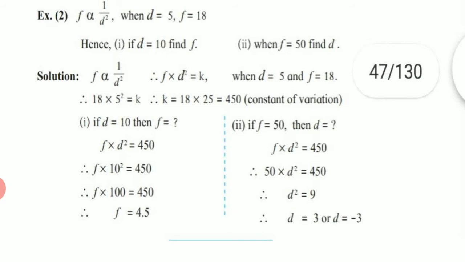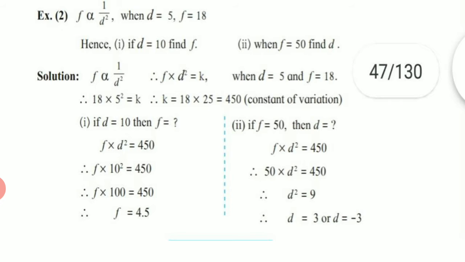Then example number 2. F alpha 1 upon d square, when d is equal to 5, f is equal to 18. Example 1, if d is equal to 10, find f. And second example, f is equal to 50 and d is equal to how much?